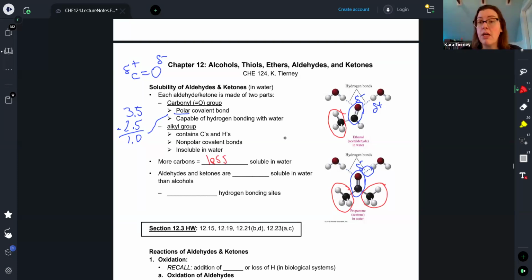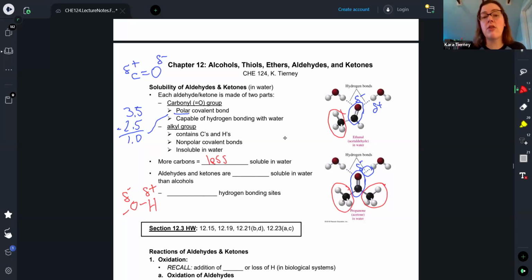And in general, when we compare aldehydes and ketones to alcohols, remember that alcohols have this OH where the oxygen has a delta negative, the hydrogen has a delta positive. And so there are two sites for hydrogen bonding on an alcohol, whereas in carbonyl-based functional groups like aldehydes and ketones, there's only one spot.